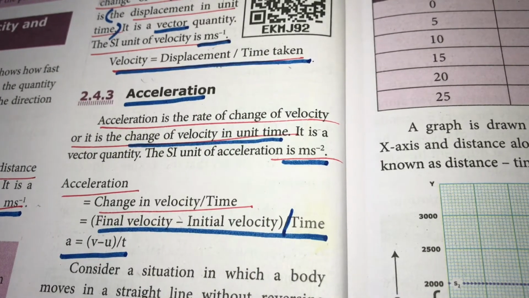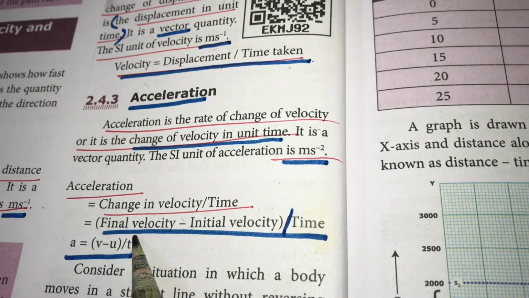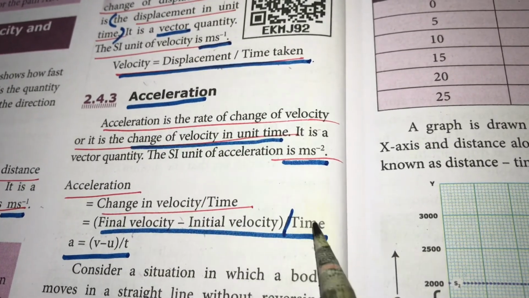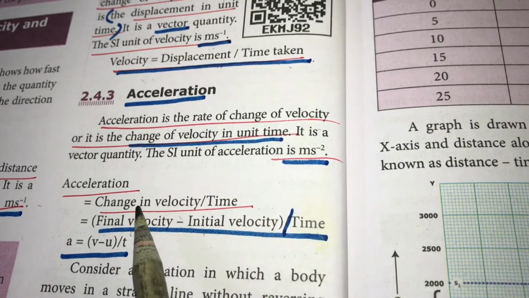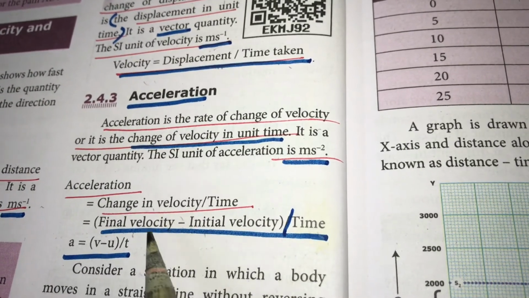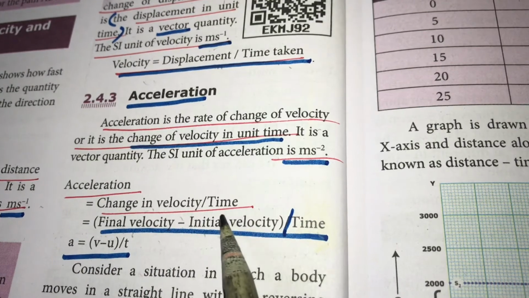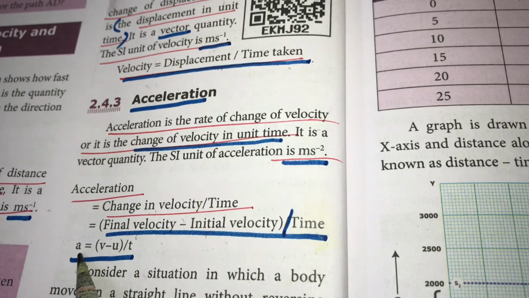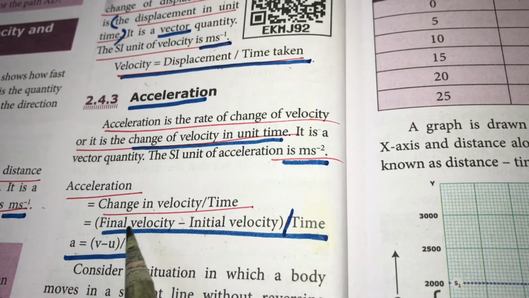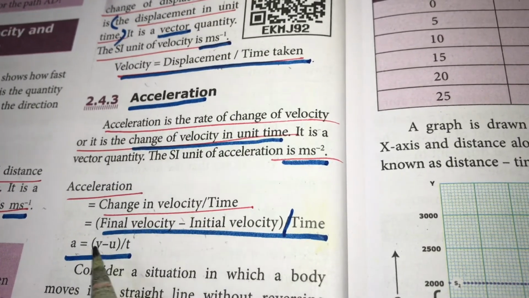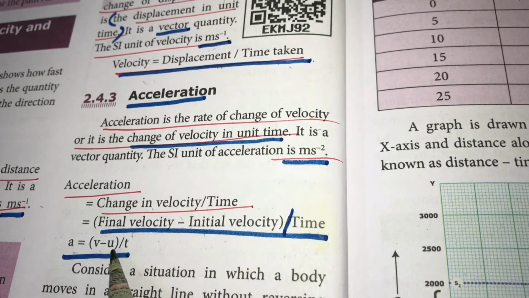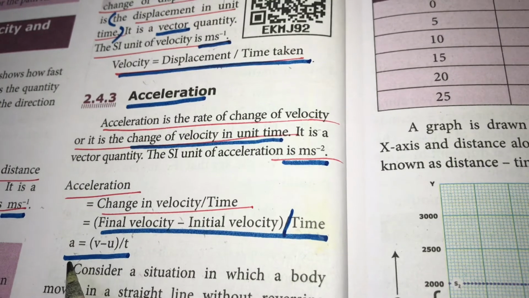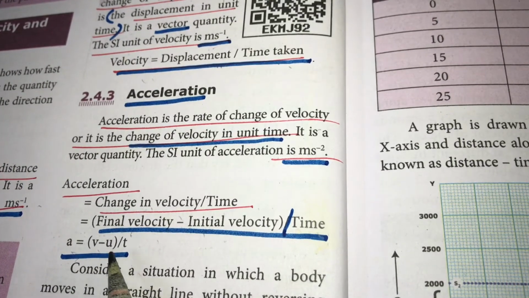The acceleration can be calculated by final velocity minus initial velocity by time. That is the change in velocity, calculated by final minus initial in a given time, will give you the acceleration. So the symbol for acceleration is a, the final velocity is v, and the initial velocity is u in a given time t. So the acceleration formula is a is equal to v minus u by t.